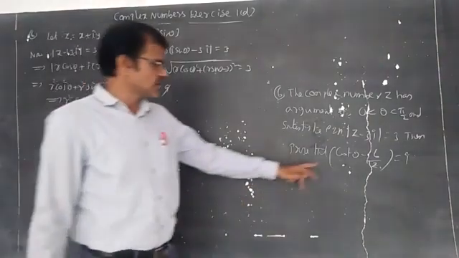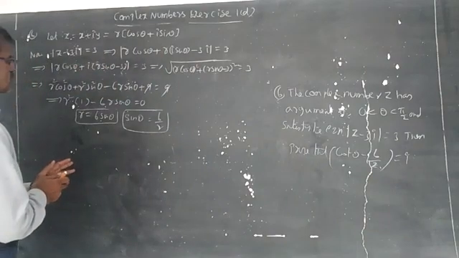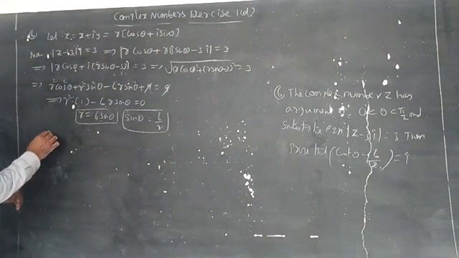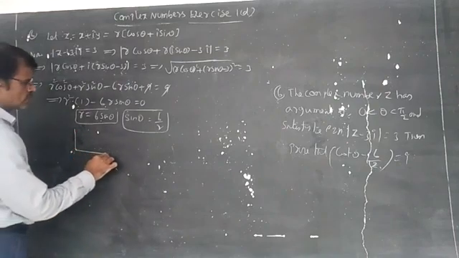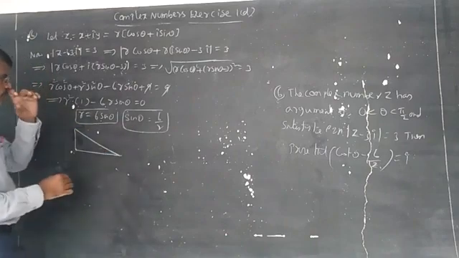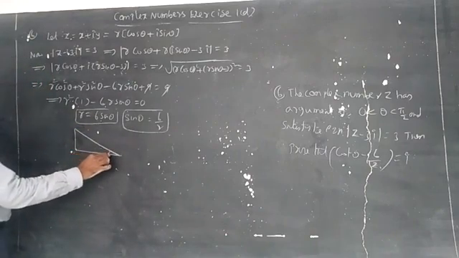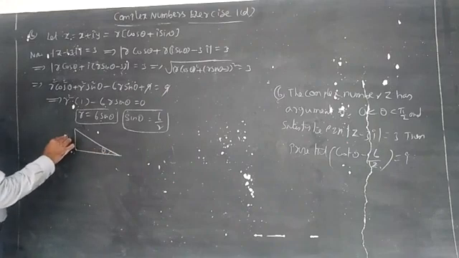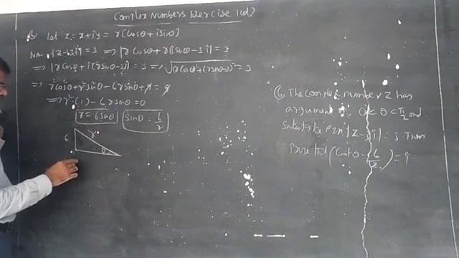Now we should prove that cot theta minus 6 by z is equal to i. So cot theta becomes, according to this, put sin theta: sin theta means opposite by hypotenuse, that is 6 by r.